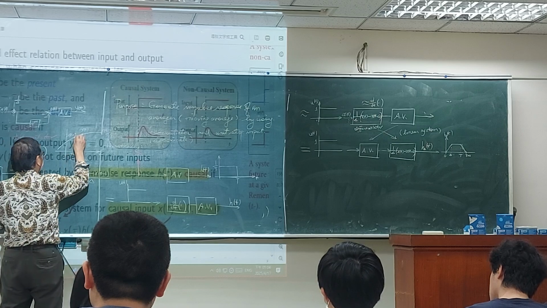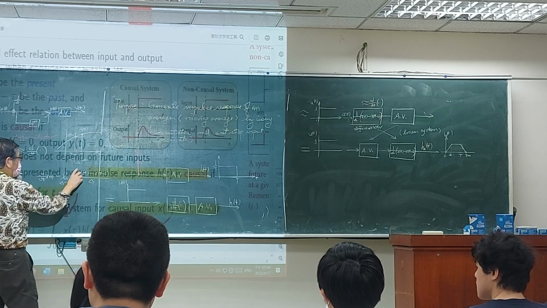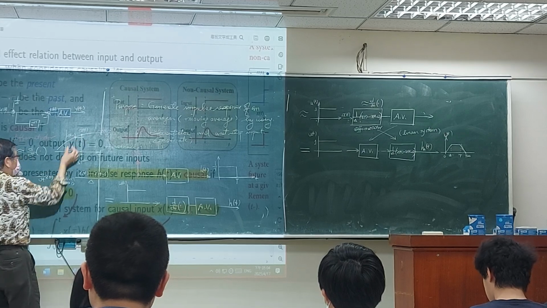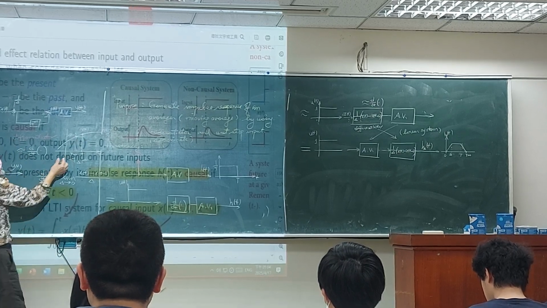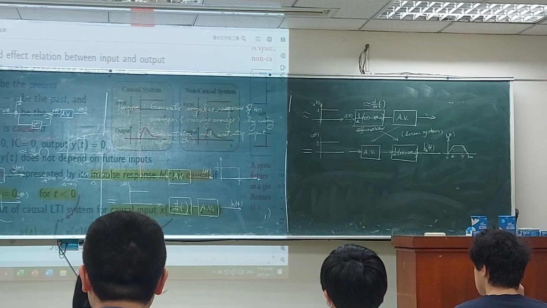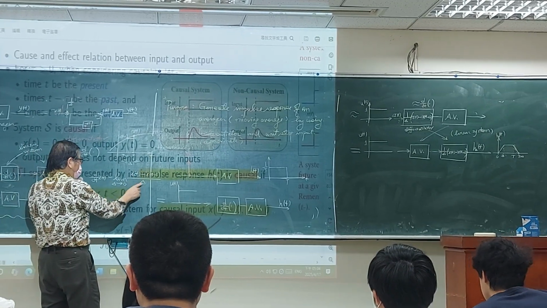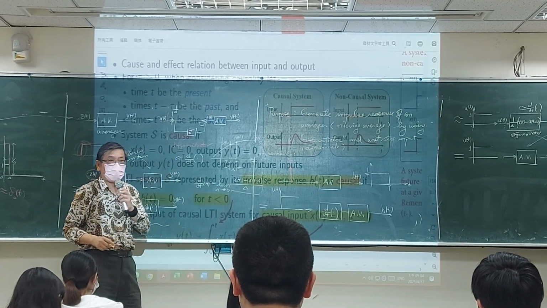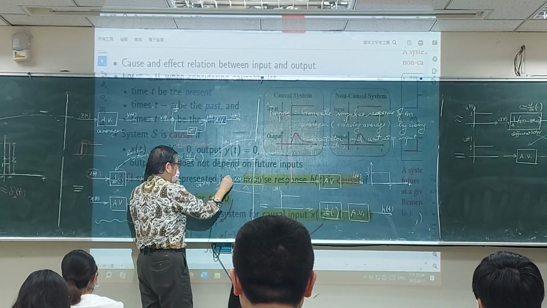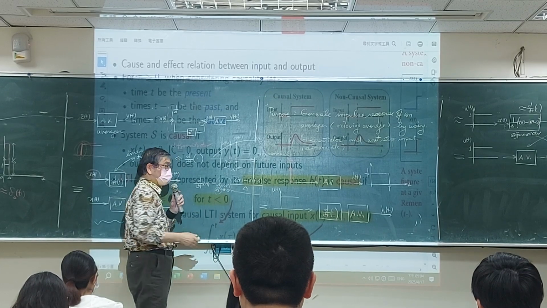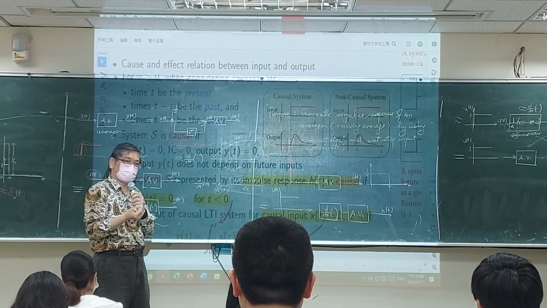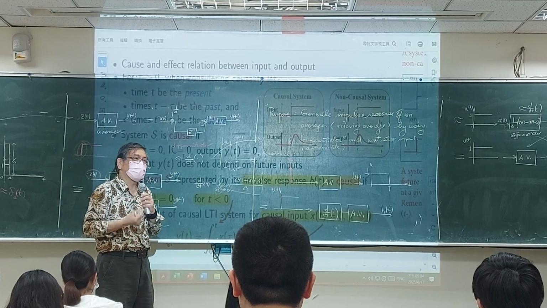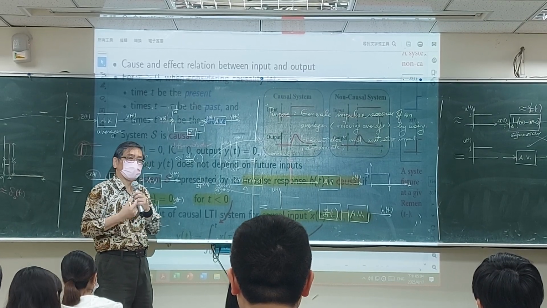So the slope is a difference divided by the width, the interval. Okay? So this is the definition. Now again, this is the theoretical value. We have to let the time interval become smaller and smaller, but practically it's impossible. We can only choose a small enough number, and that's it.